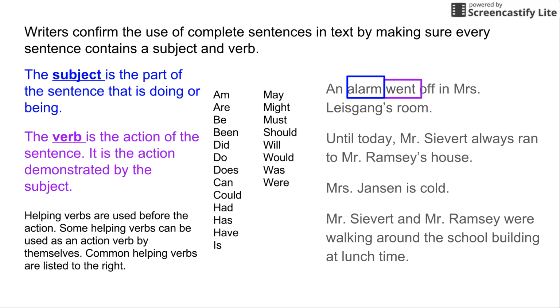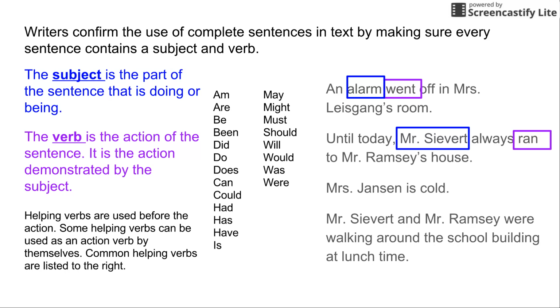So I'm going to think about the verb first. And the action of this sentence is ran. So my subject is the individual that happens to be running, the individual that ran. Well, Mr. Sievert ran, so Mr. Sievert is the subject.